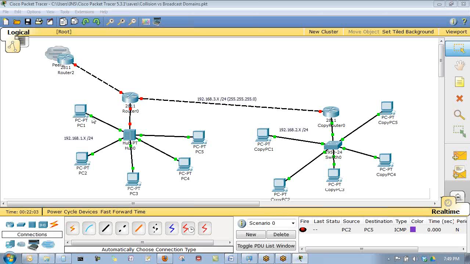So that's 9, 15, and I need one more right here. So I need 17. I need 17 IP addresses. I need 17 public IP addresses.